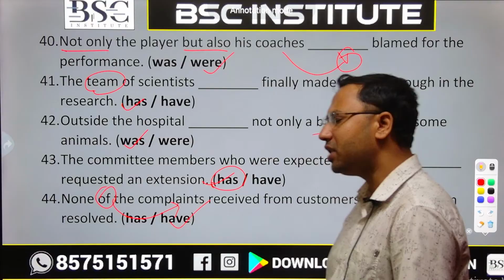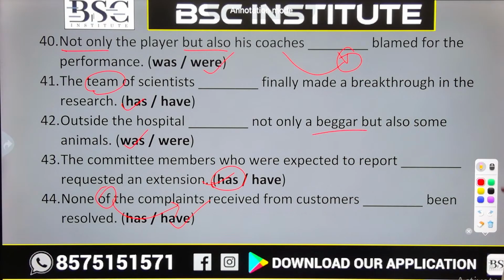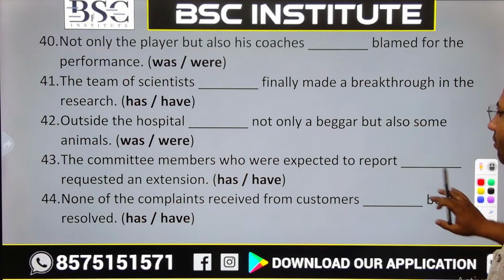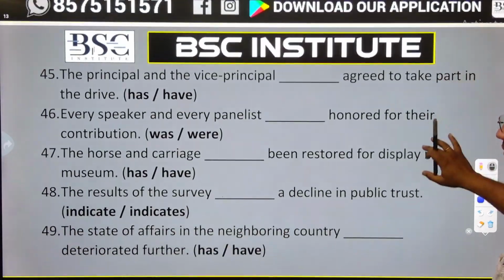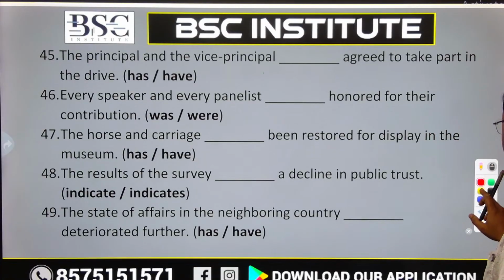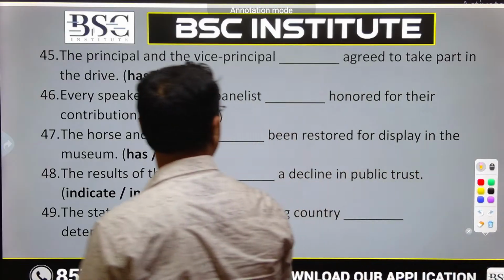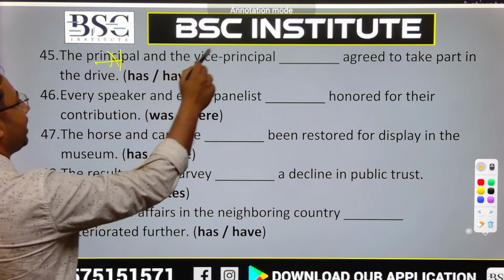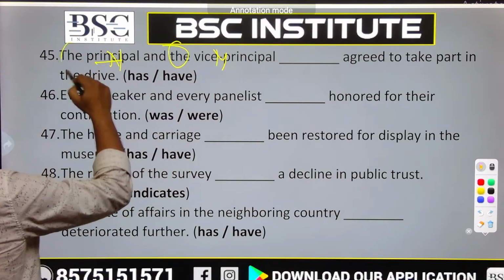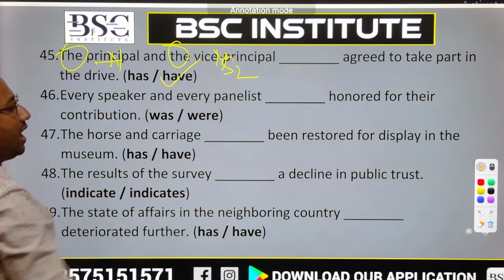Subject agreement is very easy, an easy topic, full marks. Next, the principal and the vice principal dash agreed to take part in the drive. Principal is a noun, and vice principal is again a noun; two different articles are used, so it becomes S2. S2 follows B2, that is have is the right answer.